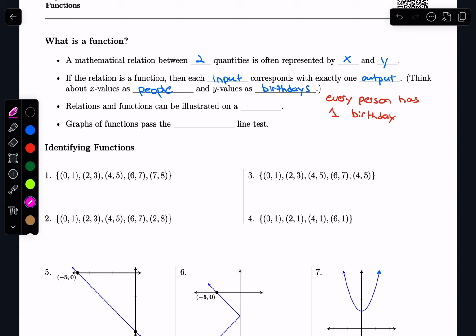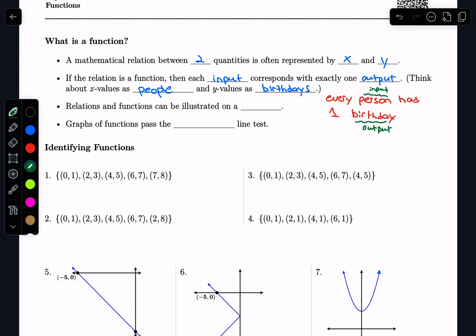I'm just going to label real quick that birthday is the output, and person is the input. So you cannot have a person that has more than one birthday because you were born in a specific time and that time was on a specific day. At least most of us are not born twice. So every person has one birthday.